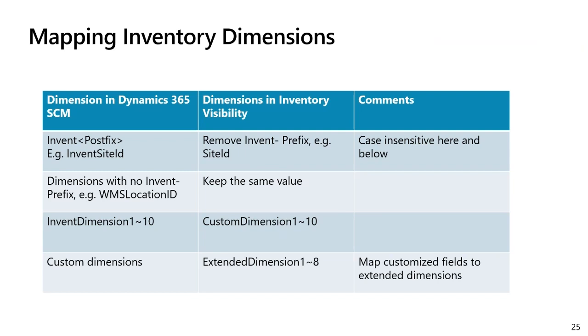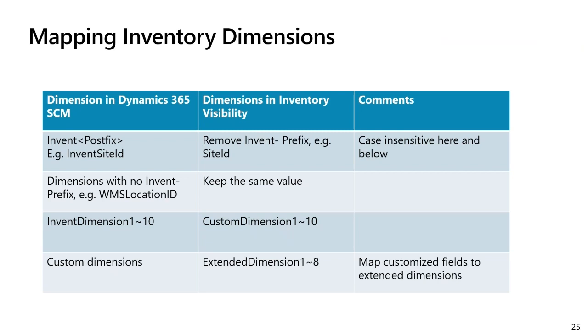For example, InventSiteId in Dynamics is SiteId in inventory visibility. And for its keys and values, they are all case insensitive. For some dimensions with no Invent prefix, for example, WMSLocationId, we keep the same value inside inventory visibility.